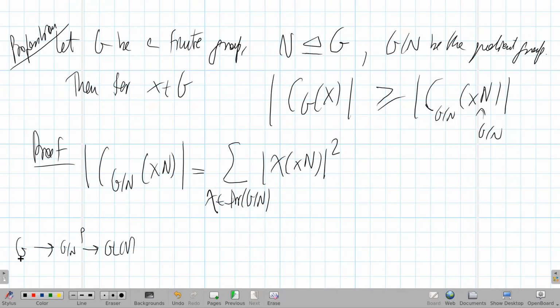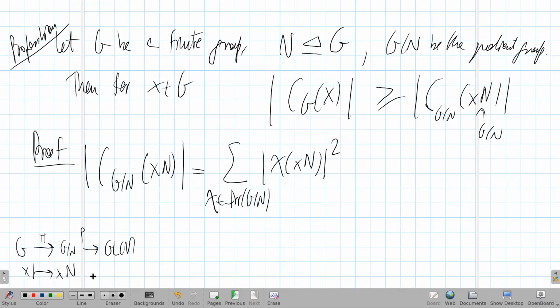Remember that when we discussed S4, I showed that S4 has a quotient isomorphic to S3, so we could simply lift the characters of S3 by composing with the projection pi.